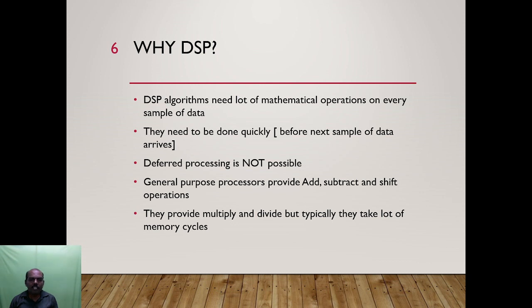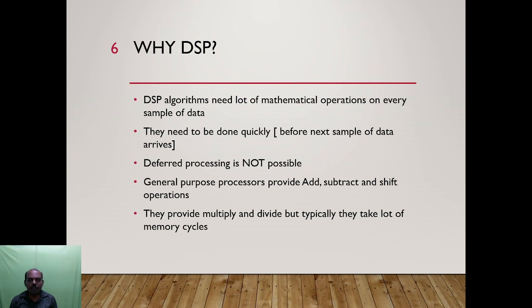Why do we go for DSP, digital signal processor? First point, digital signal processing algorithms need a lot of mathematical operations on every sample of data. They need to be done quickly before the next sample of data arrives. Deferred processing is not possible.